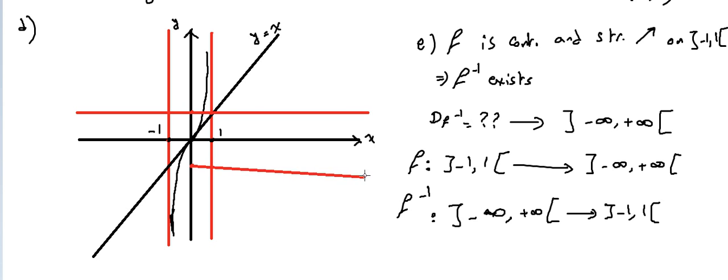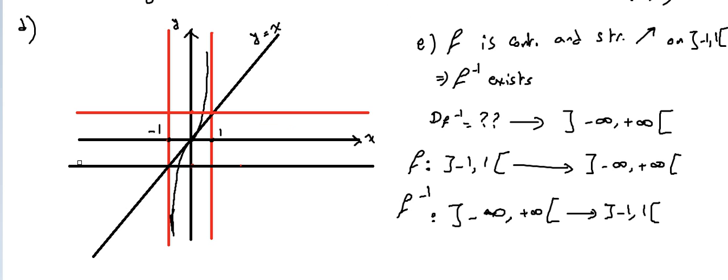Y equal minus 1 instead of x equal minus 1. So this is y equal minus 1. So what do we have over here? I don't know how it turns to black, but it's all right.